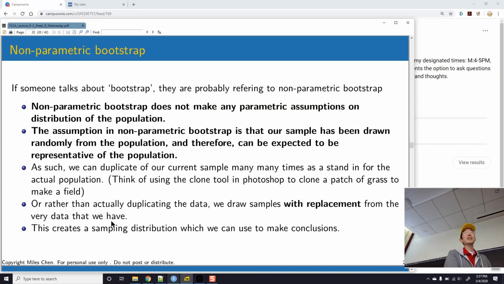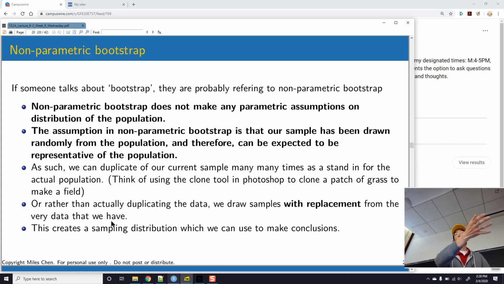It's kind of like in Photoshop, maybe you have a patch of grass, and then you use the clone tool, and you copy and paste it over people you don't want to see, and you fill in a big field of grass. You say, well, this little patch of grass has to be representative of general grass, so I can just copy and paste this. And from a distance, you're like, oh yeah, that looks like grass. But when you look closely, you're like, wait a second, this funny looking blade keeps showing up everywhere. So that's basically what we're doing.